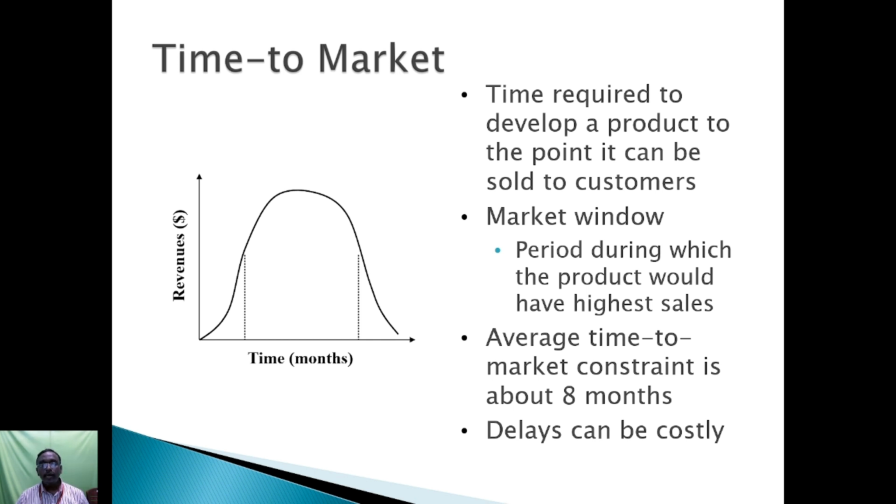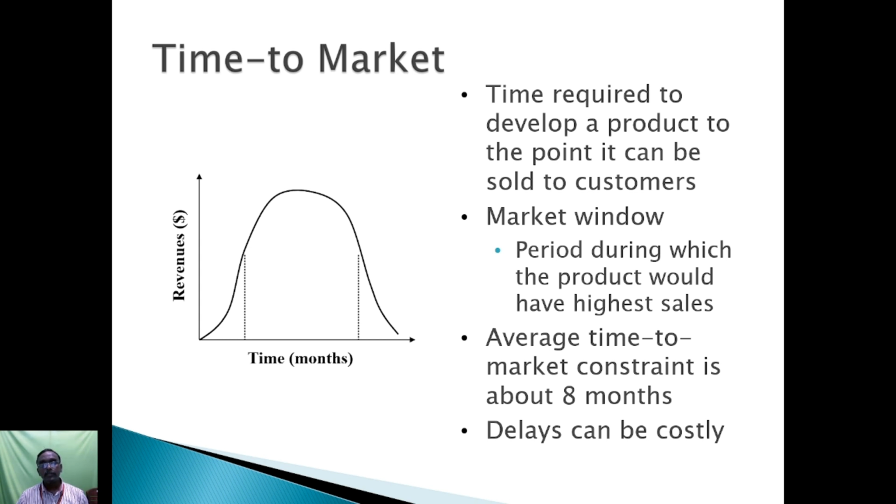Time to market is the time required to develop a product to the point it can be sold to customers. So how many days it takes to produce a digital camera and give it to the market.